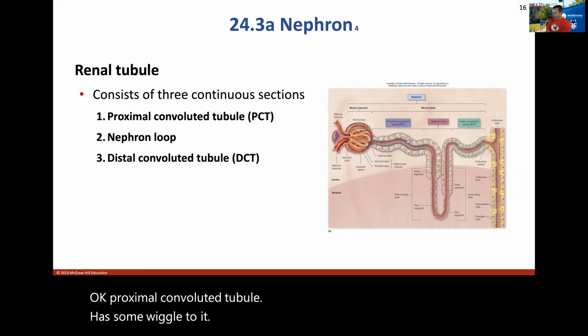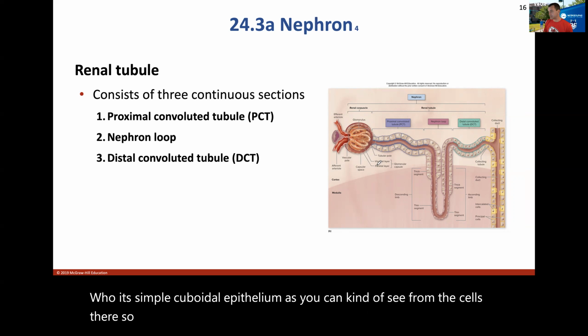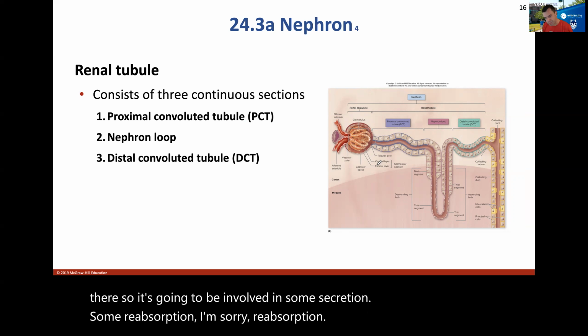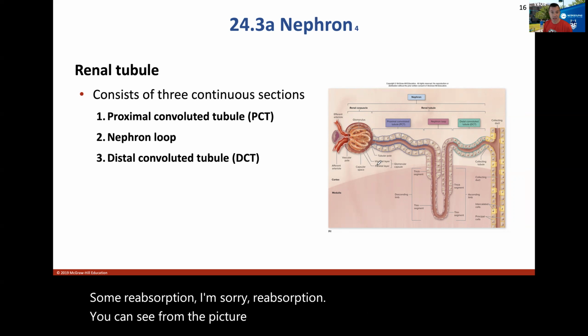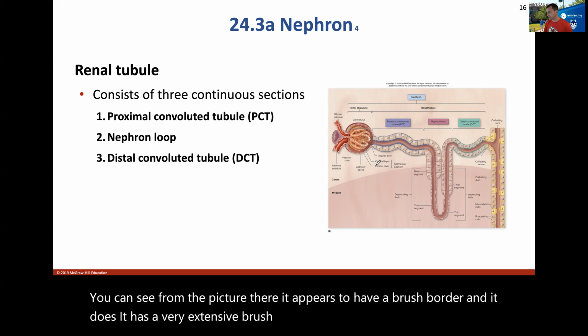Convolution. It's simple cuboidal epithelium, as you can kind of see from the cells there. So it's going to be involved in some secretion, some reabsorption. You can see from the picture there, it appears to have a brush border, and it does. It has a very extensive brush border, which is what allows us more surface area.